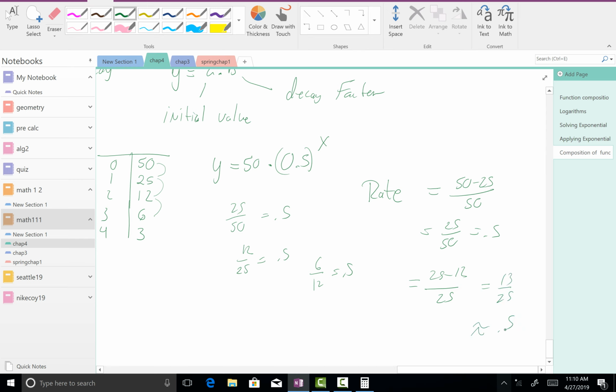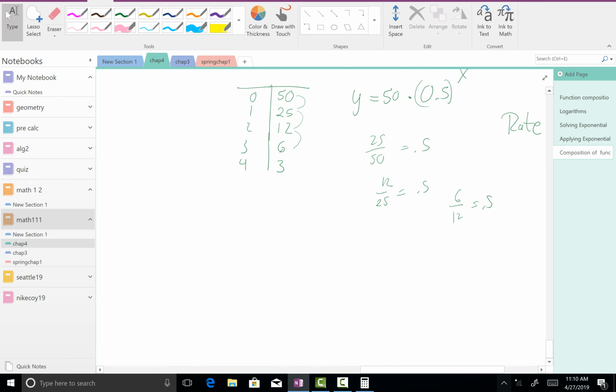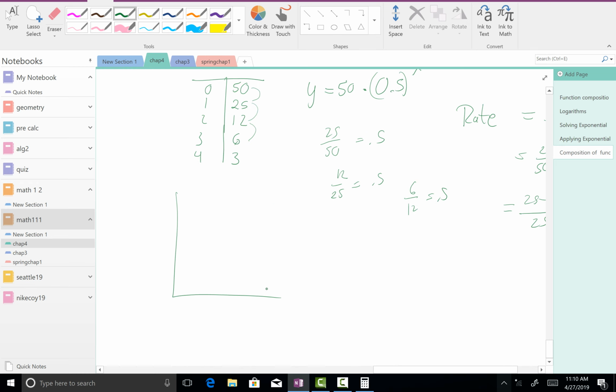And this graph would, of course, slope down. So exponential decay occurs in numerous different things. If you're taking medicine for sickness, then the amount of medicine in your bloodstream decays exponentially.